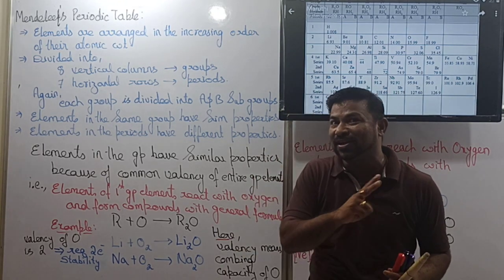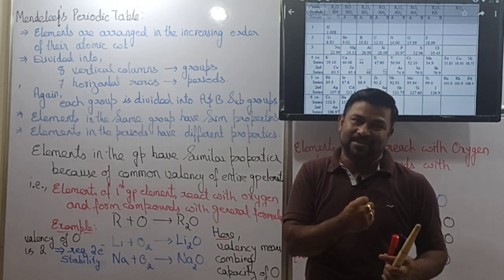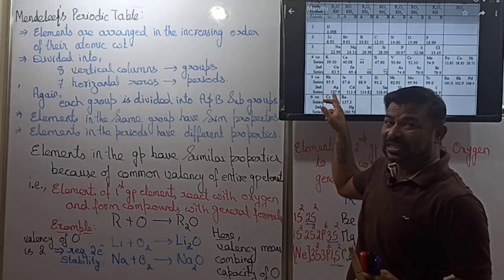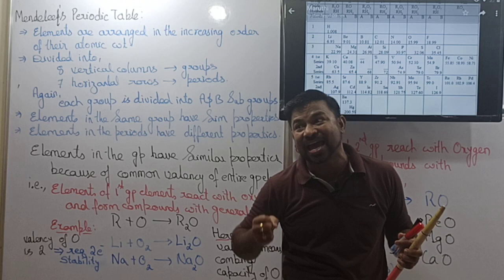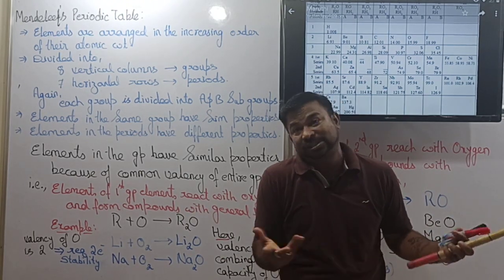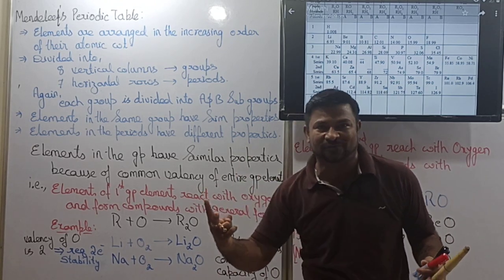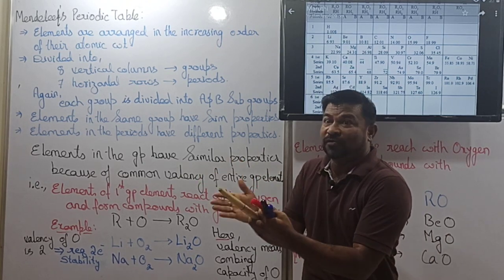Oxygen requires 2, and all the elements present in the first group have 1 extra electron. They are ready to lose 1 electron and become stabilized. So oxygen combines with any 2 of them, or it may go and take 1 from each lithium.